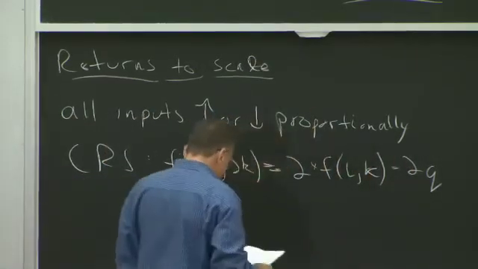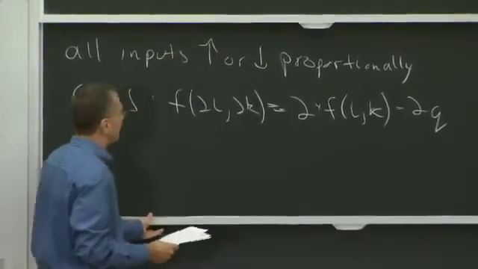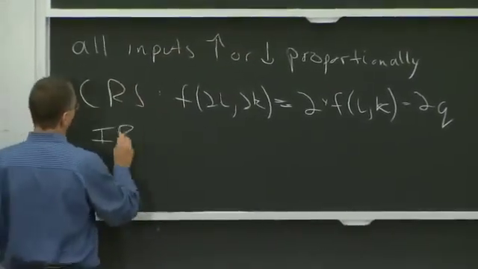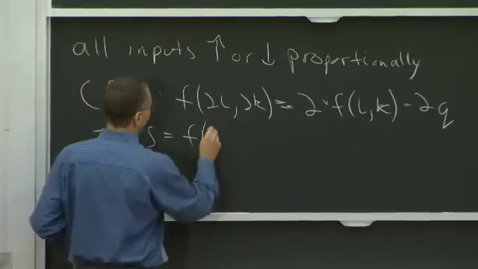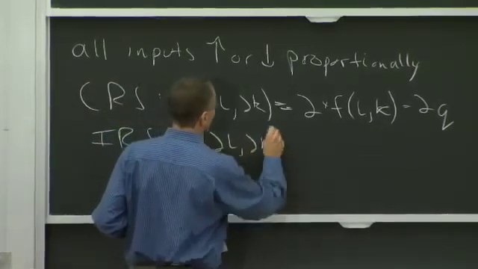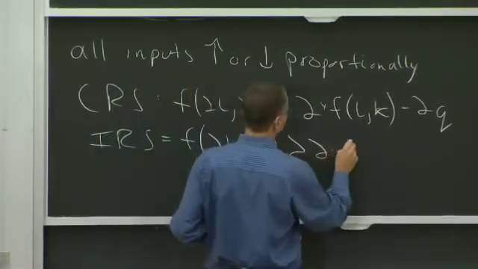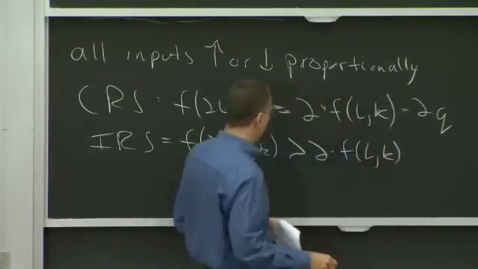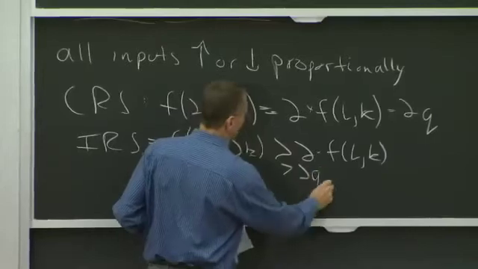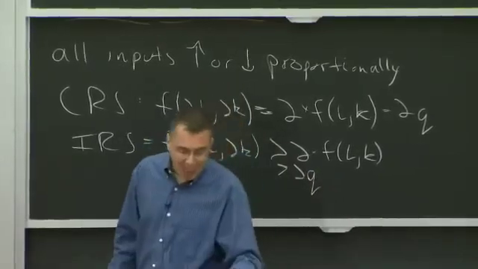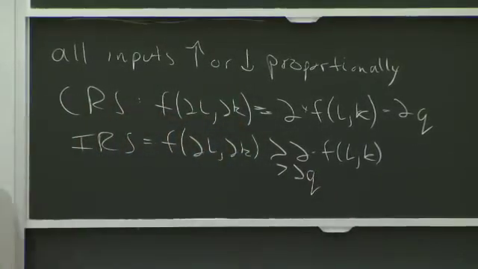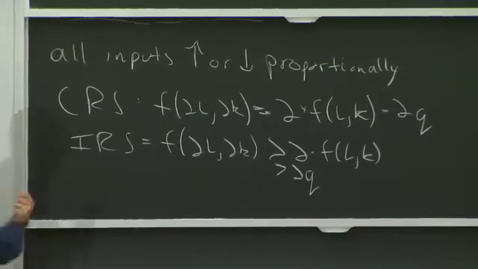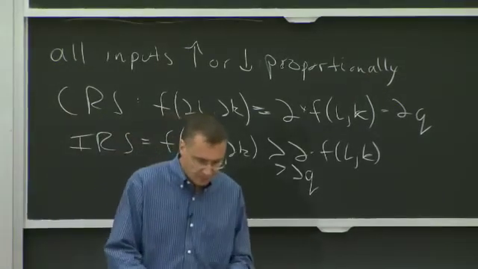Okay? We can contrast that with increasing returns to scale, IRS, which says that f of 2L, 2K is greater than 2 times f of L, K, or greater than 2Q. That is, when I double my firm, I produce more than twice as much stuff. That'd be increasing returns to scale.